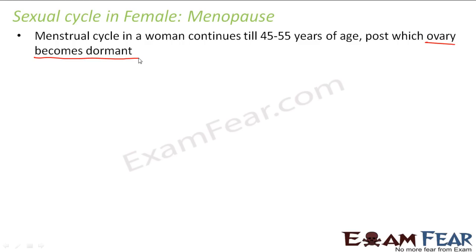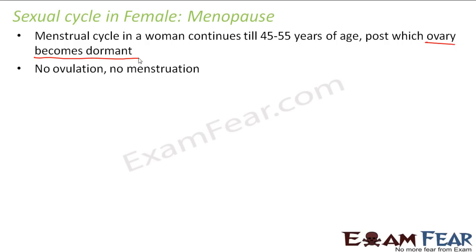After that, once the ovary stops producing eggs, that means no ovulation will take place. Once the eggs are not produced, no menstruation will take place, because only when the eggs are produced does the uterus thicken its wall. So when no eggs are produced, there will be no thickening of the uterus wall and no menstruation. So the female will no more be capable of reproducing.